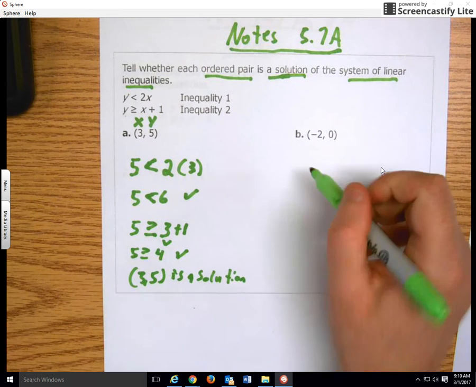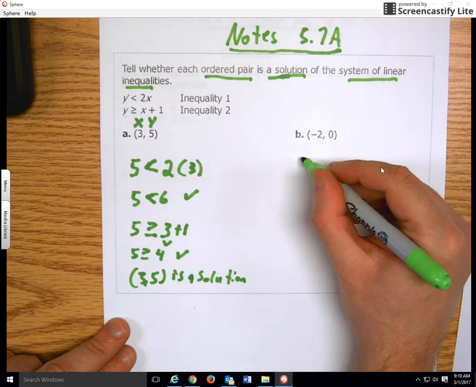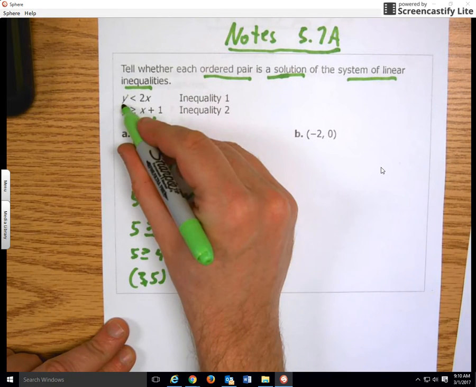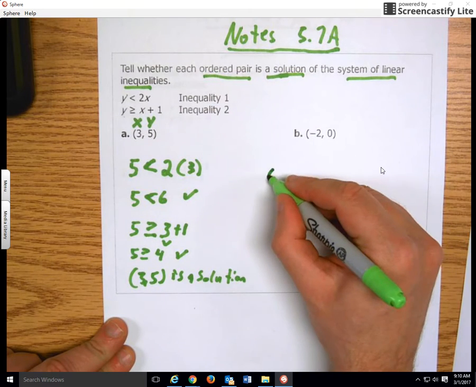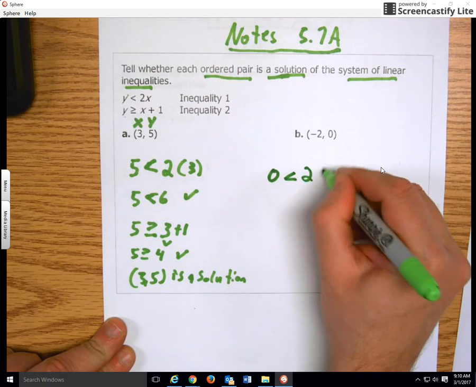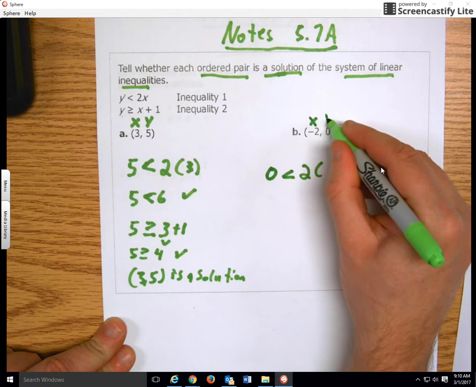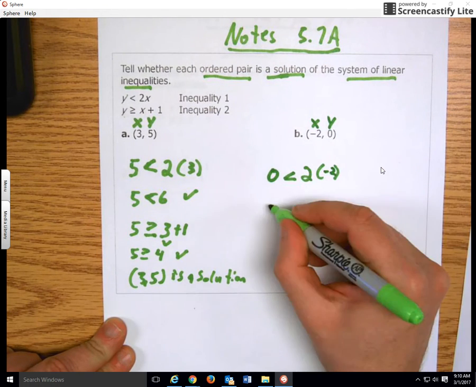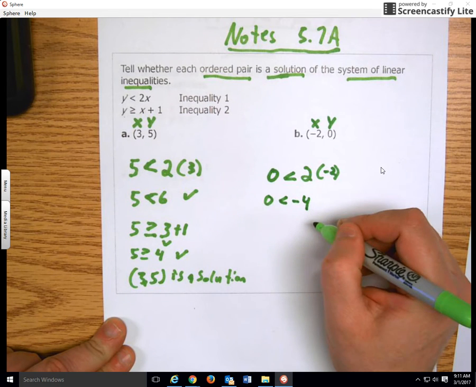Okay, well, let's try this one and see what we get. This ordered pair. So again, instead of a y, we'll substitute what the y is, which is a 0, is less than 2 times, instead of an x, we'll substitute in what the x is. Remember, this is the x and this is the y. So 0 is less than -4.